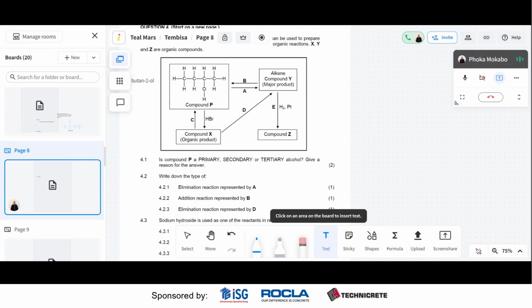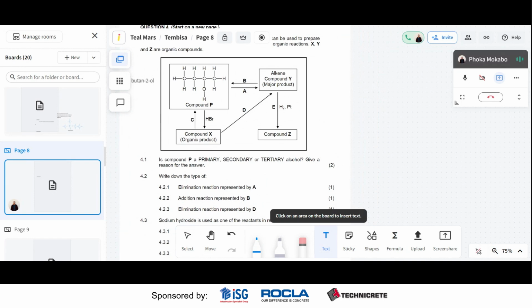Compound Z, we don't know much about either. They do tell us though that to go from compound P to compound X, a reaction with hydrogen bromide occurs. And so from there, we can make a bit of movement.